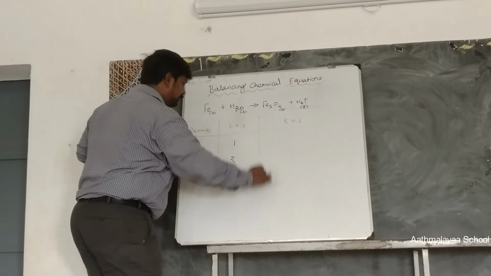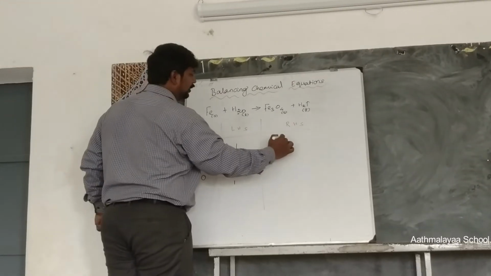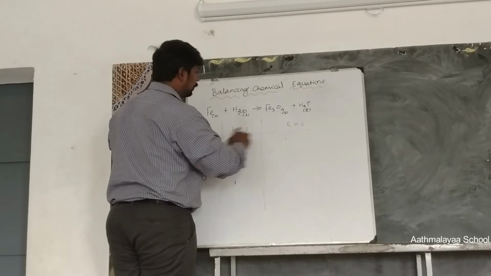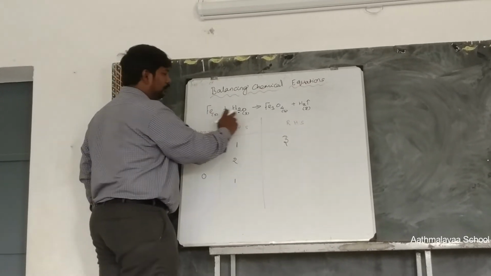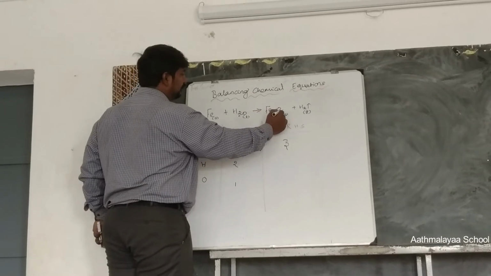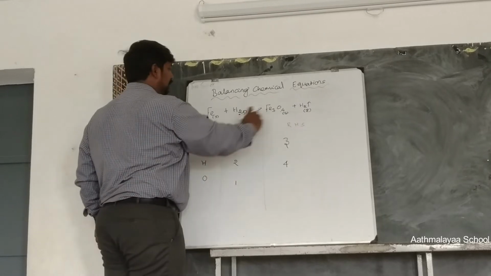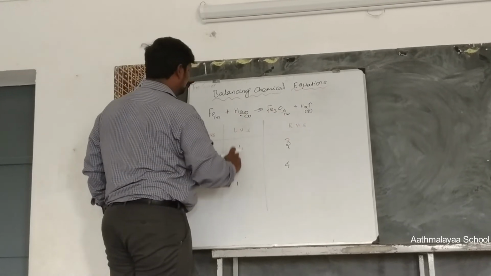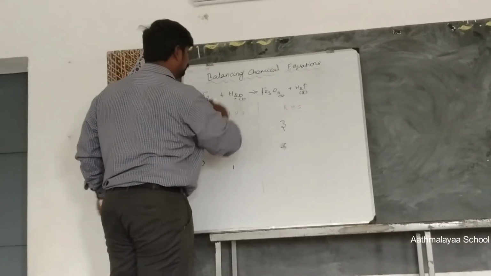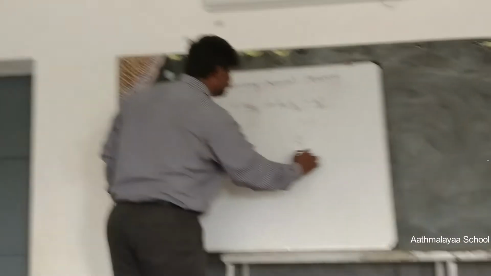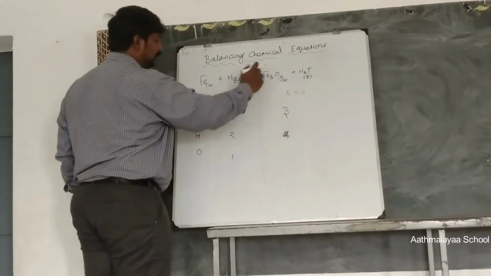In the right hand side, how many iron? Fe, 3 iron is there. And oxygen, here 1 oxygen, here 4 oxygen. And hydrogen, here 2 hydrogen, and here also 2 hydrogen.